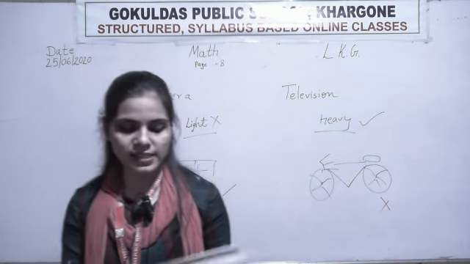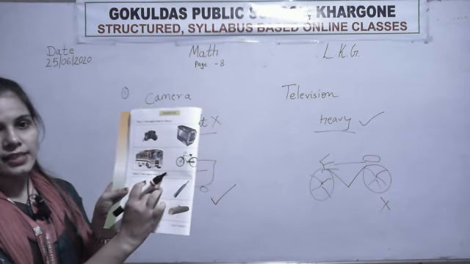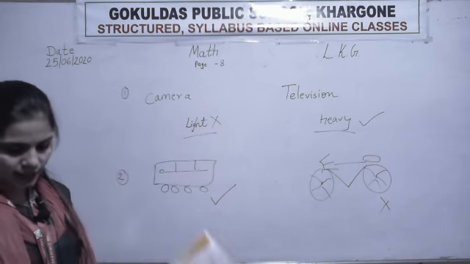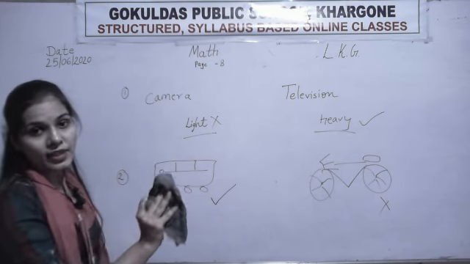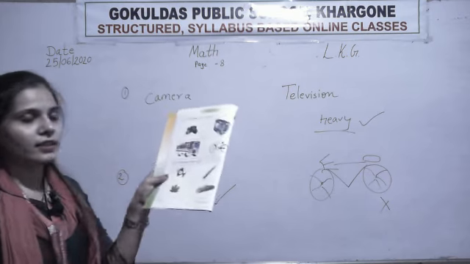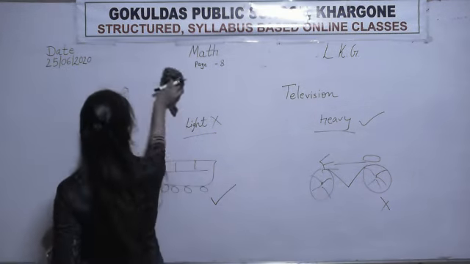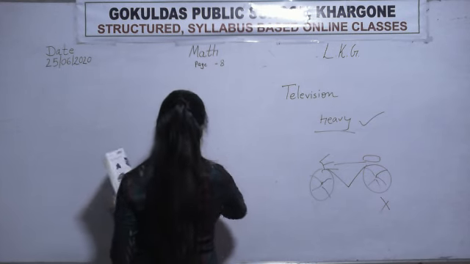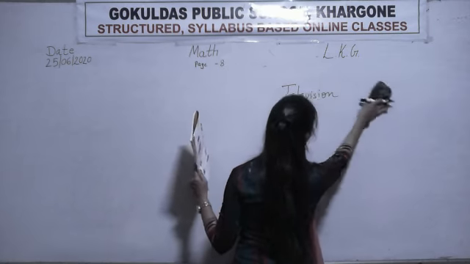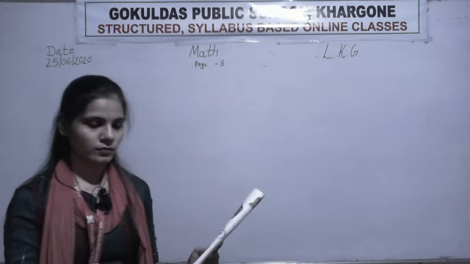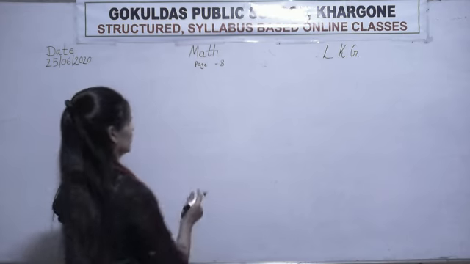Okay, now next the question is tick the object that is light. Here the question was, which one is heavy? Tick the heavy one. And the next question is tick the light one. So second question is tick the object that is light.